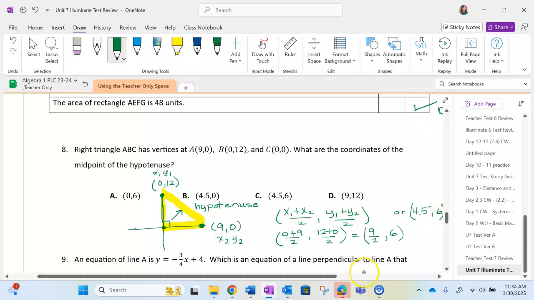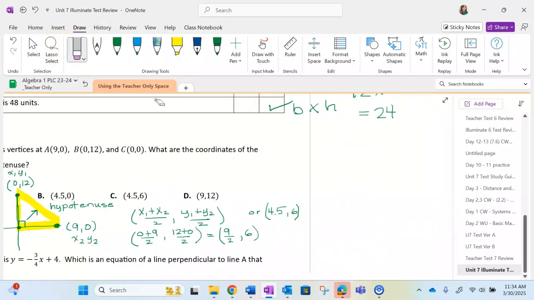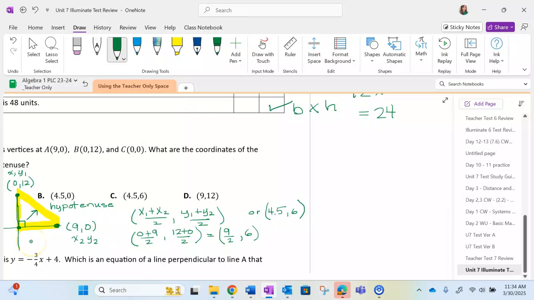These are your choices of answers that you might get. Okay? All right, I'm going to go on to part 3 so that I have enough time to talk about the last 2 questions. Again, don't forget what a hypotenuse is.